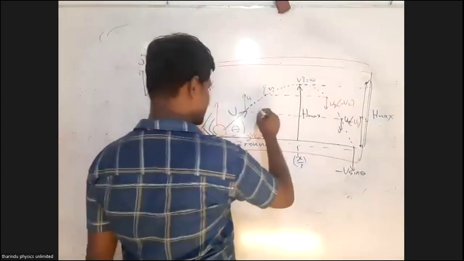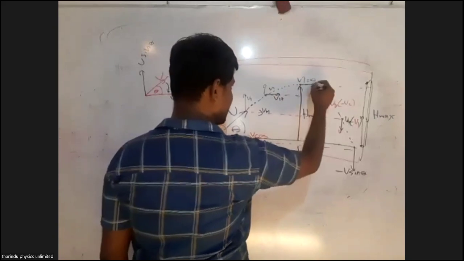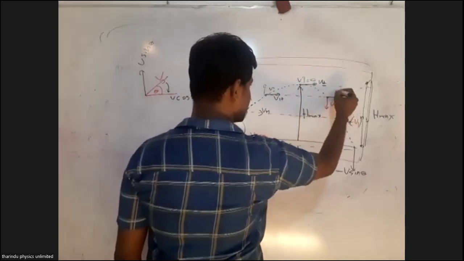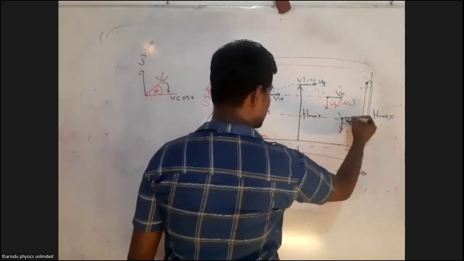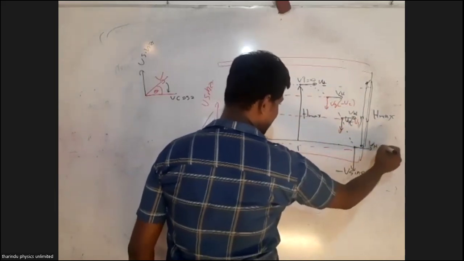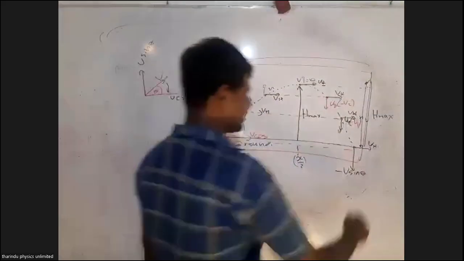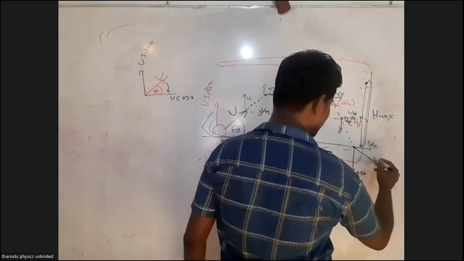So the thing is, v horizontal remains unchanged, and here also v horizontal. Even while landing, v horizontal is there. Very simple thing. It will land at the same angle with the same magnitude of v.